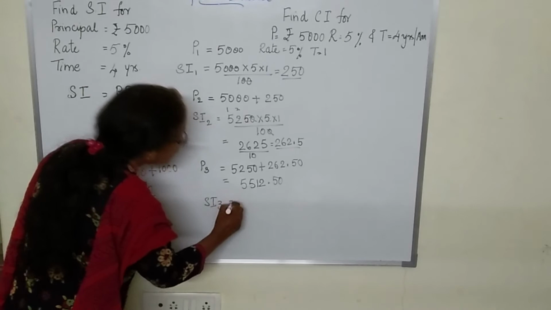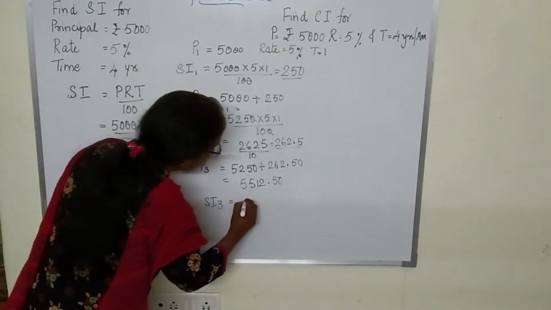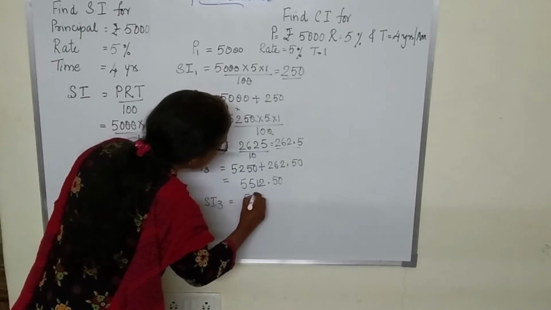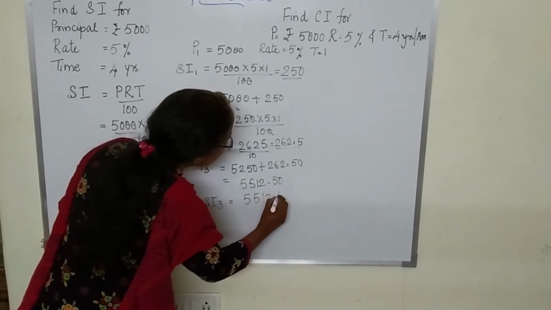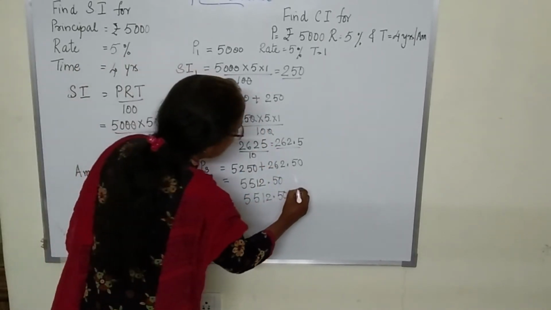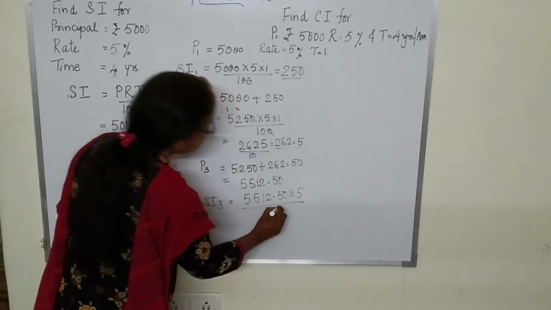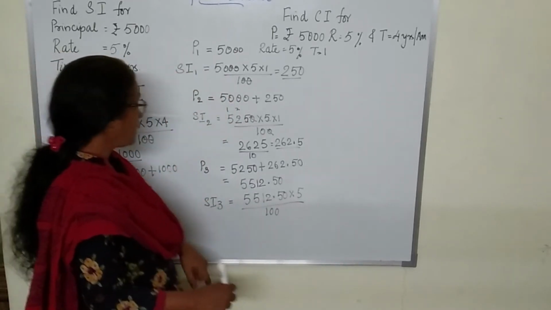So what will be the simple interest 3? It will be equal to 5,512.50 into rate of interest 5% upon 100. So multiply it.